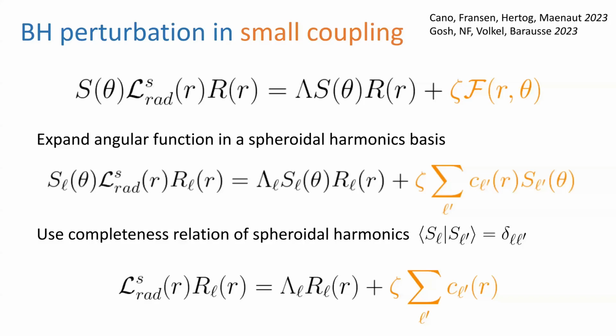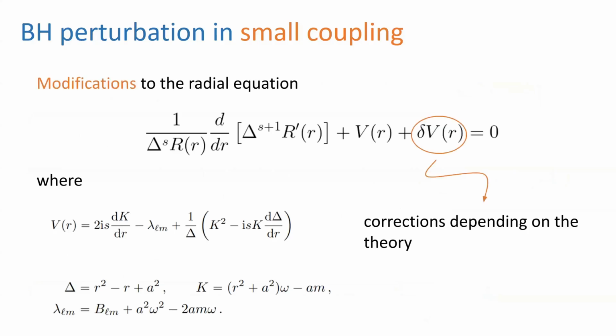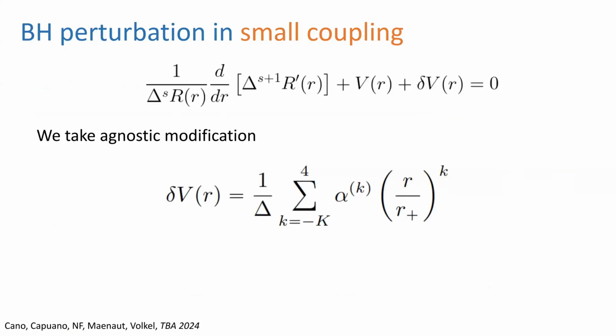Now I'm not showing it in the slides for simplicity, but in the full derivation of the problem we are also considering that. The assumption is that all the modifications appear only in the radial equation, and the angular part inherits them through the shifts in the frequency.